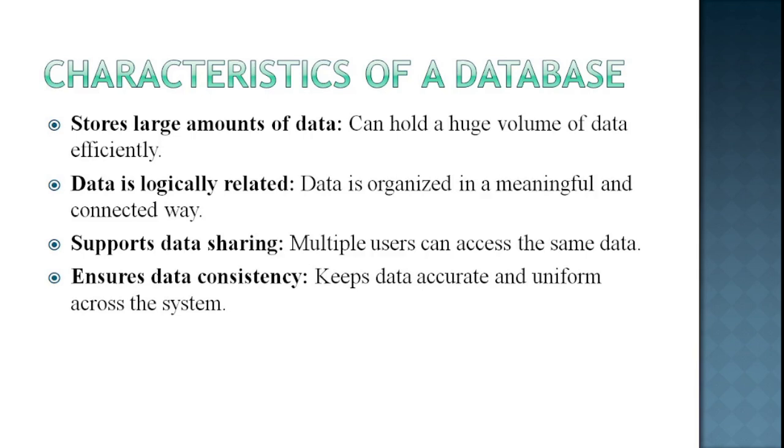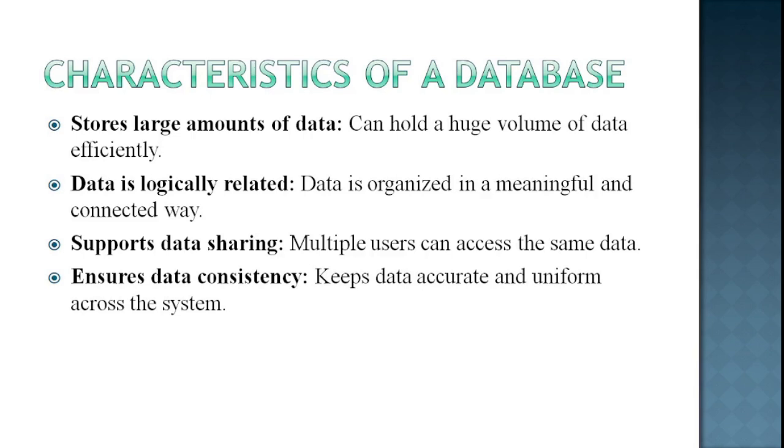It supports data sharing. Multiple users can access the same data. That means if I want to share some data, or if multiple persons want to do some operations or check some data, it is possible using a database. It ensures data consistency, keeping data accurate and uniform across the system.